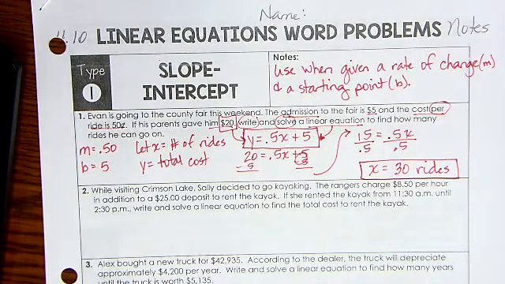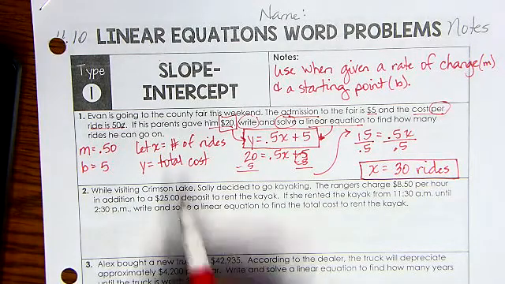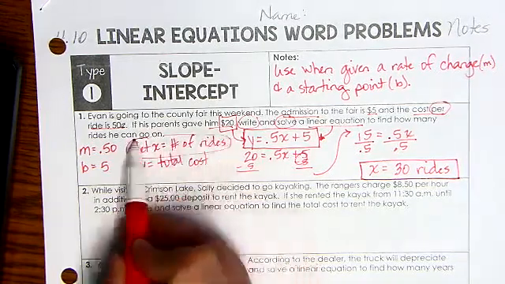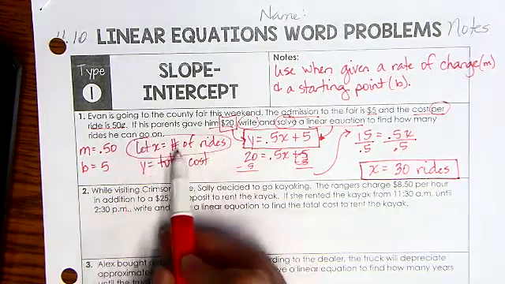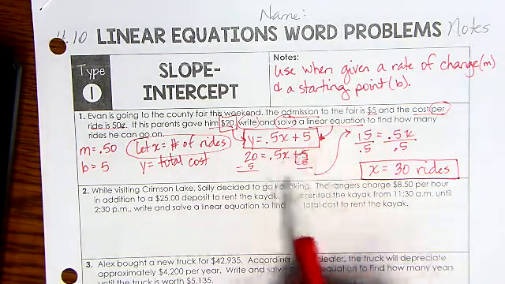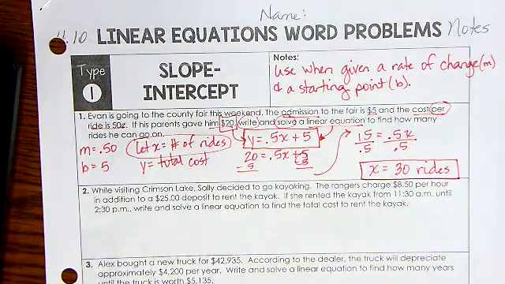There's your answer. So you've got to make sure that you are labeling the variable. You need to make sure that you have this one at least. You don't always have to label the y, but you really got to label what you're looking for. Have the linear equation, and then you solve it to get your answer.